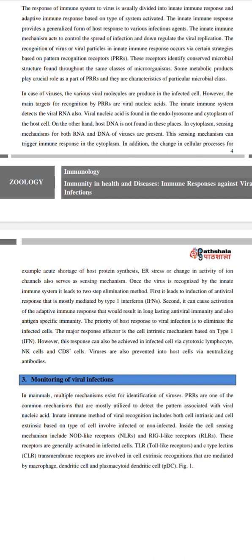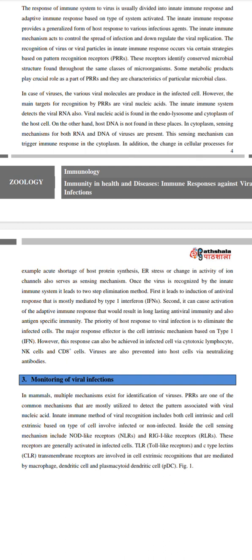The priority of host response to viral infection is to eliminate the infected cells. The major response is the cell intrinsic mechanism based on type 1 interferon. However, this response can also be achieved in the infected cell via cytotoxic lymphocytes, NK cells, and CD8 plus cells. Viruses are also prevented from entering the host cell via neutralizing antibodies.